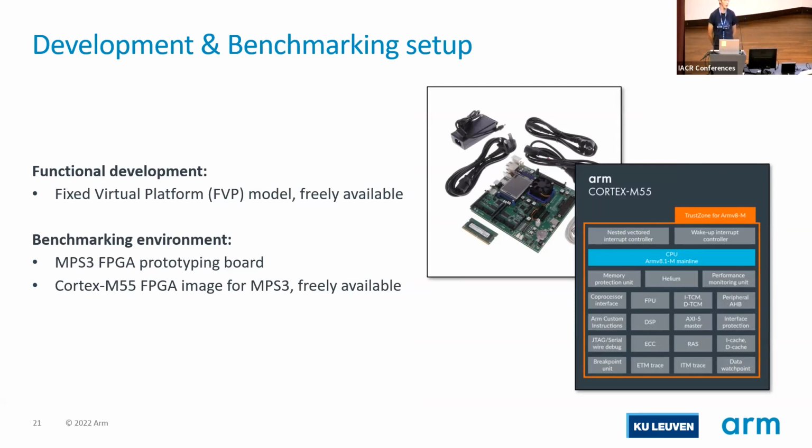And this image is free. And you might be interested to know that M85, the newest core, also has an FPGA image for MPS3, which will be released soon. So it's not a super cheap piece of equipment, this MPS3, but it might be worth it.